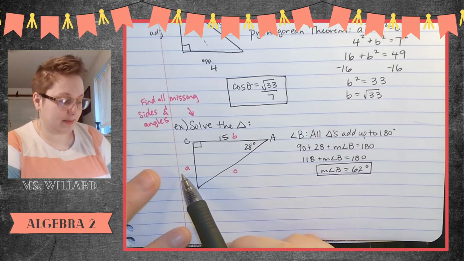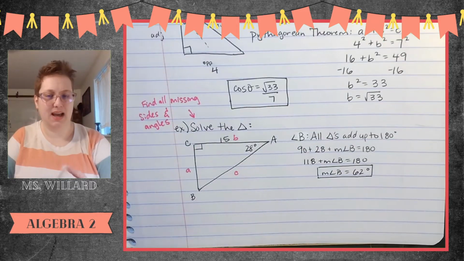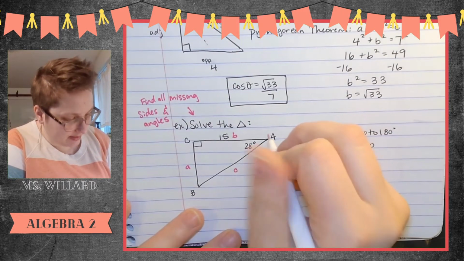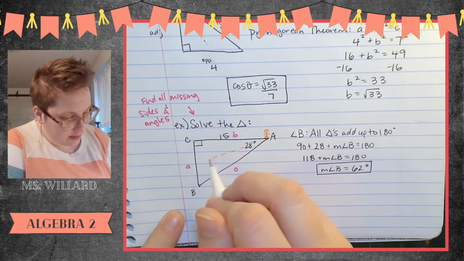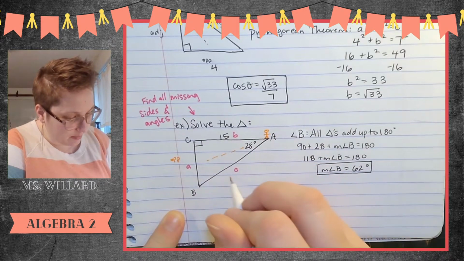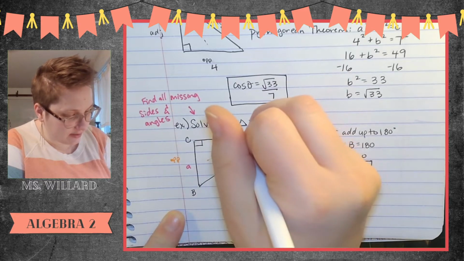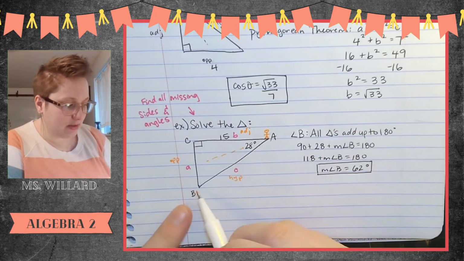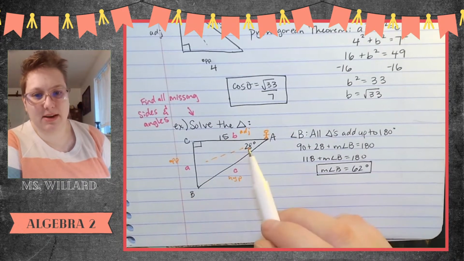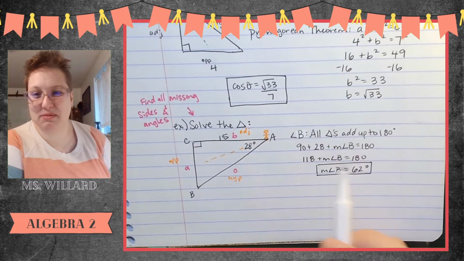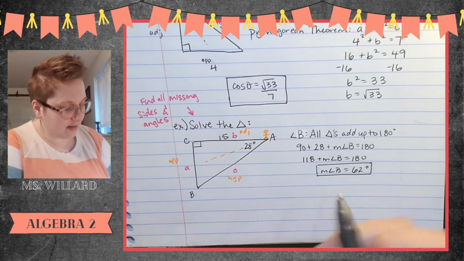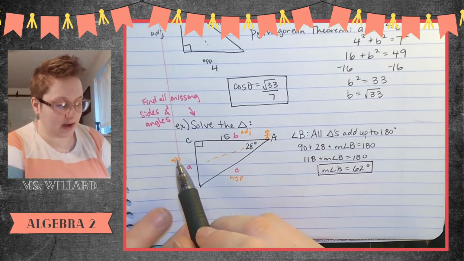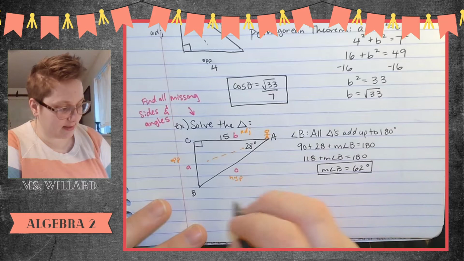Now, if I'm starting with A, then this is the opposite side. This is the hypotenuse. This is the adjacent side. Could I use B? Absolutely, because I know what B is now, but I don't need to because I already have this one I know, and I might have messed up somewhere in here, so I kind of want to start with what I know. So if that's the case, then I want the opposite side, and I know the adjacent side.